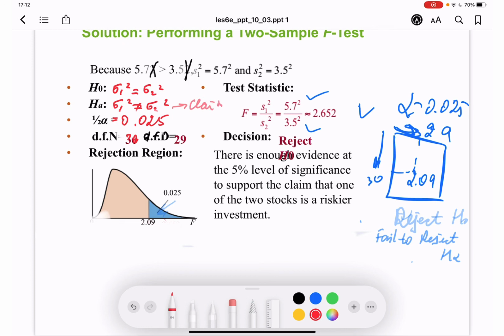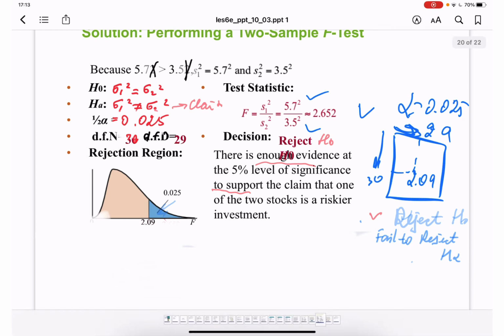So if we reject the null hypothesis, we are saying that at the 5% significance level there is enough evidence to reject the null hypothesis, so enough evidence to support the claim that one of the two stocks is a riskier investment.